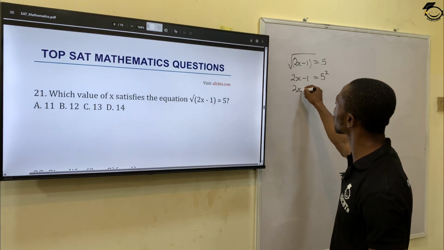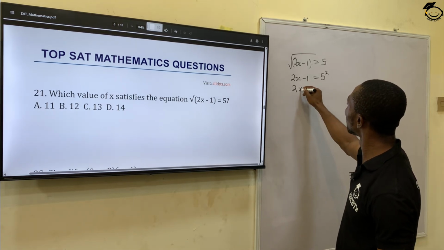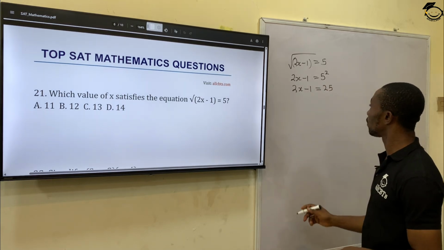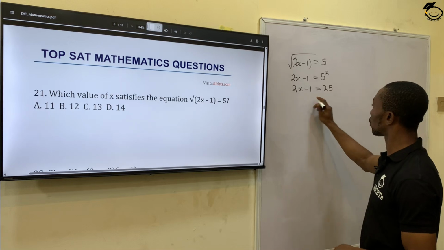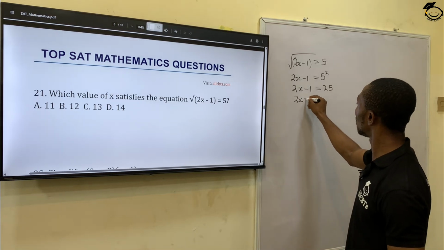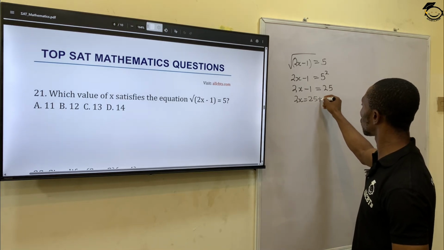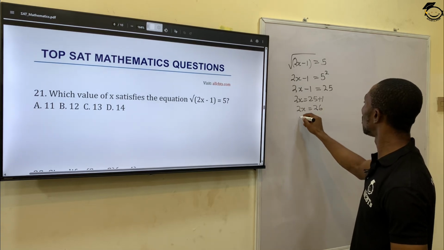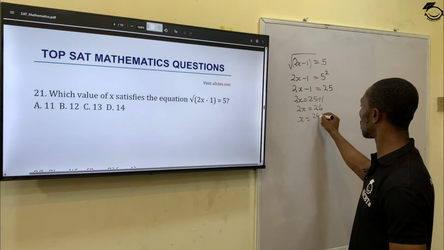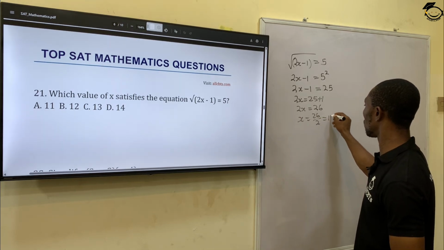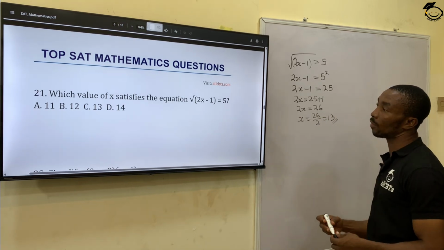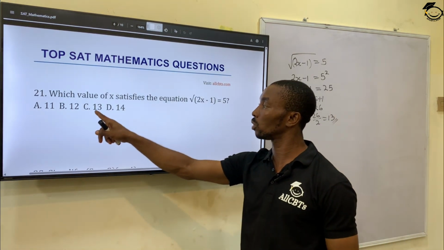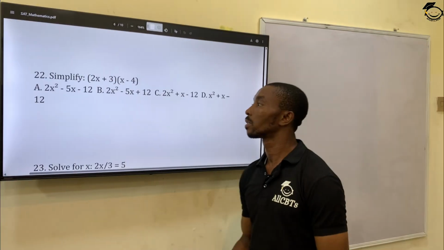So 2x minus 1 equals 25. Okay, so moving 1 over to the other side, 2x equals 25 plus 1. So 2x equals 26, x equals 26 over 2, which will give us 13. So the value of x that satisfies this equation will be 13, which is option C.